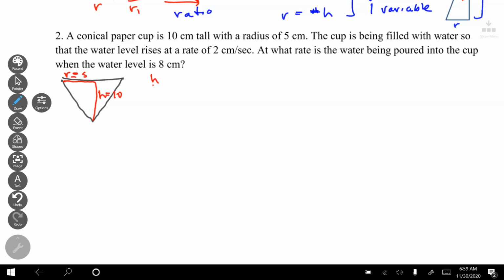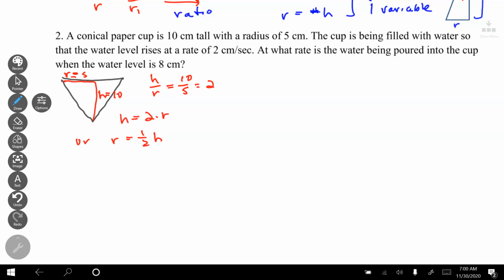So h over r is equal to 10 over 5, which is equal to 2. So if I bring the r over to the other side, I have height is always 2 times the radius, or my radius is always half the height.